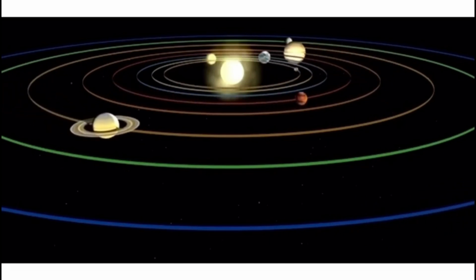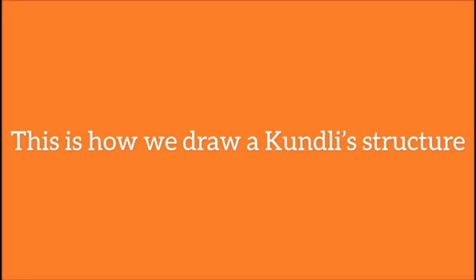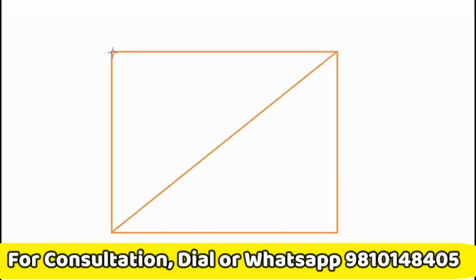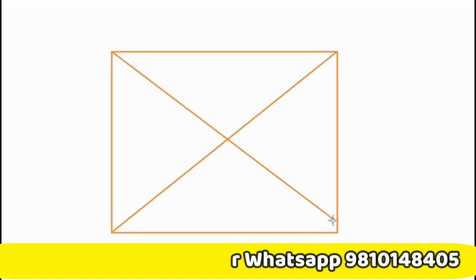Let us first see how we draw a Kundli. To draw a Kundli, first draw a square and now connect the top right corner to the bottom left corner, and similarly the top left corner with the bottom right corner.